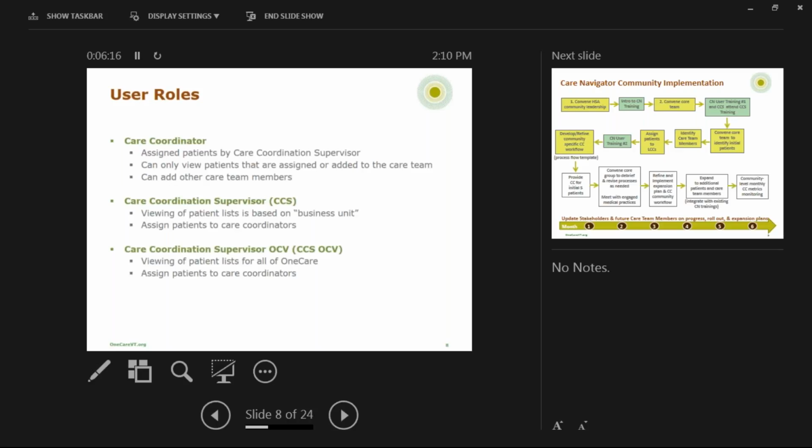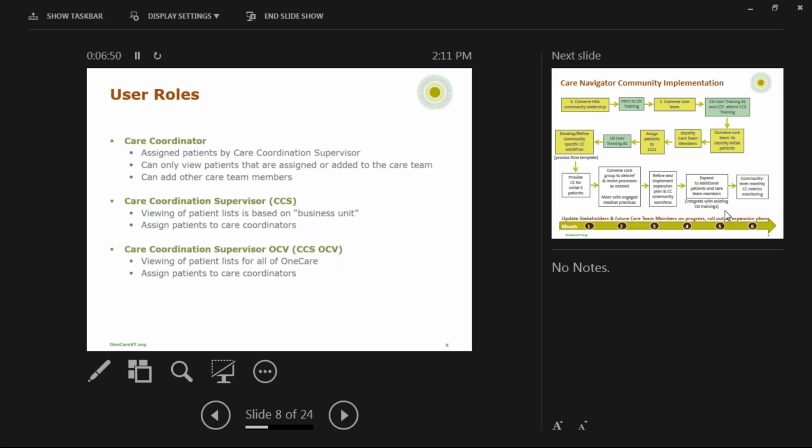So the care coordination supervisor views patients based on their business unit. So for example, if someone is working with NMC, and their care coordination supervisor, they would be able to see all patients attributed to NMC, just like they would in their EHR. They can assign patients to care coordinators. And then there's a care coordination supervisor, One Care Vermont, and that individual can see all patients attributed to One Care.